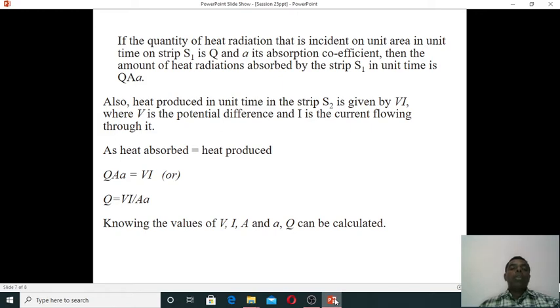As heat absorbed is equal to heat produced, QAa is equal to VI, or Q is equal to VI divided by Aa. By knowing the values of V, I, A and a, Q can be calculated. That is called the solar constant. We can determine it easily using this equation.